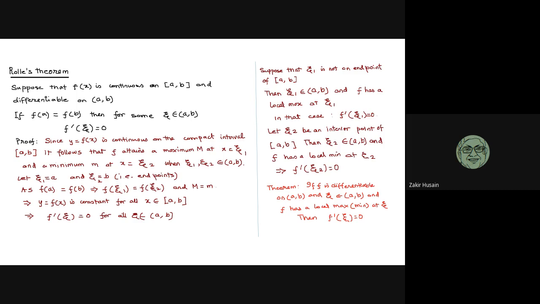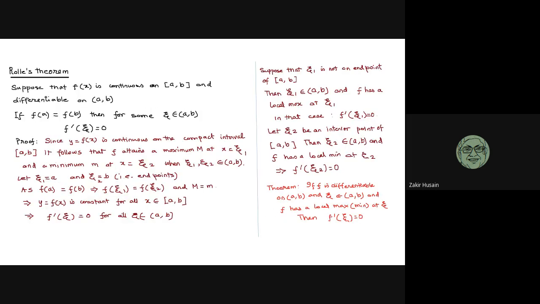So the two extreme points, supremum and infimum, are not included. If f(a) equals f(b), then for some psi which belongs to this open interval AB, f prime psi will be equal to 0.